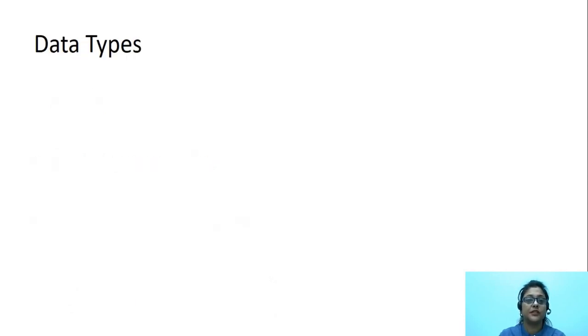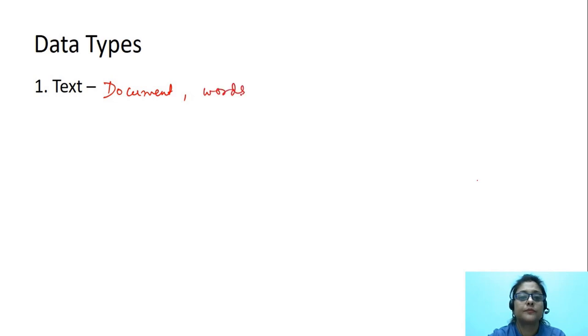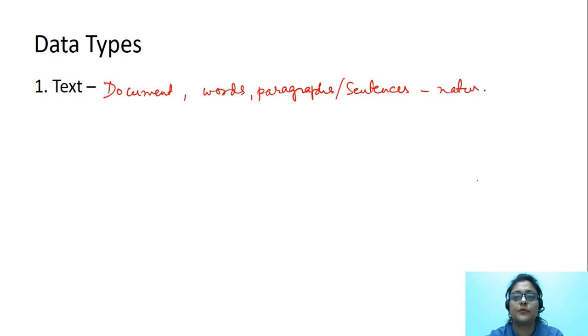Now what are the different data types that are in existence? We have text type of data. Text type of data means it is a document that consists of words, paragraphs, or sentences written in some natural language of alphabet.